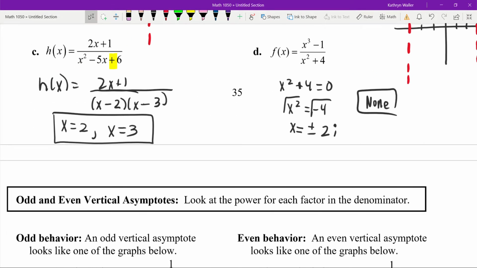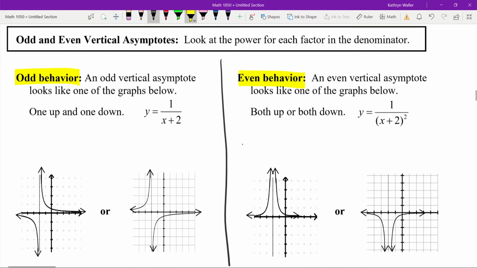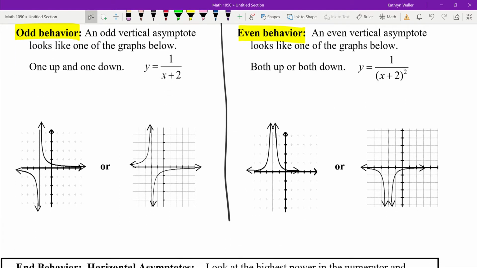Okay, now we're going to analyze our asymptotes. This is important. You have odd vertical asymptotes and you have even vertical asymptotes. I want you to look at the difference. Look at the one that says odd. Look at the equation. If they asked you to find the vertical asymptote, we would say x equals negative 2, right?